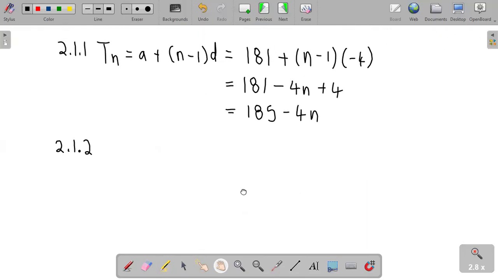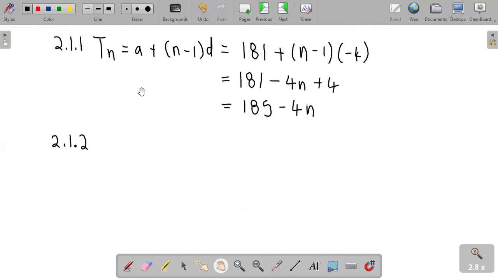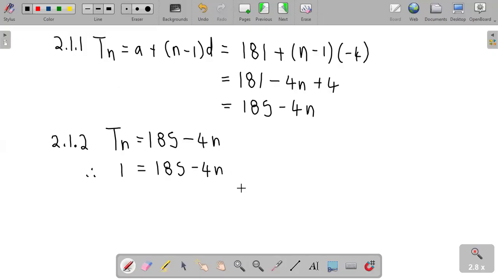So we're looking for n because we're looking for the number of terms. So then we say that Tn equals 185 minus 4n. So this means that therefore 1 equals 185 minus 4n.